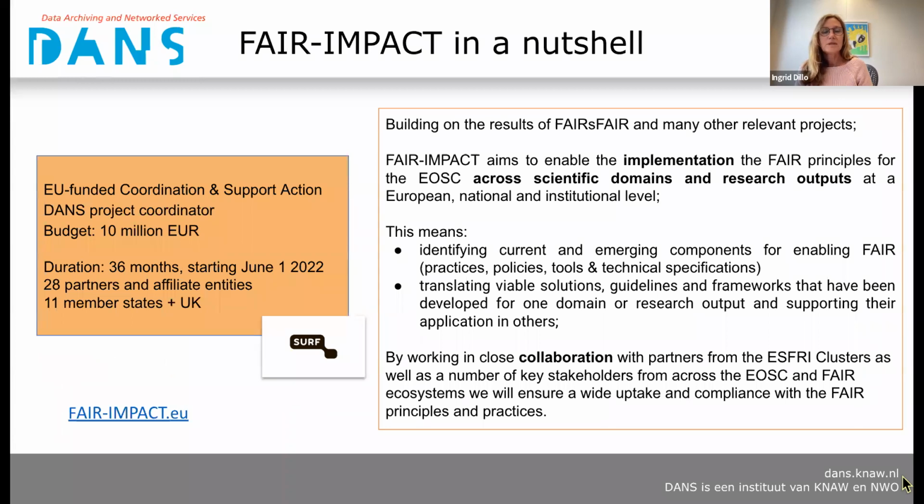That project is again coordinated by DANS. We again have 3 years to deliver what we promise in this project, with a budget again of 10 million euro. This time we have even more partners in the consortium, 28 in total. So for us, it's also quite a challenge how we deal with this complexity.